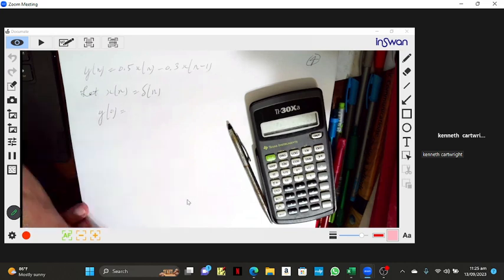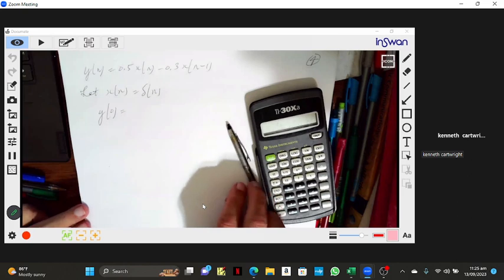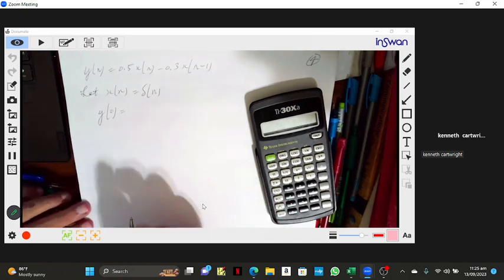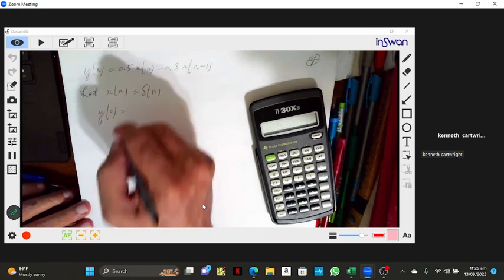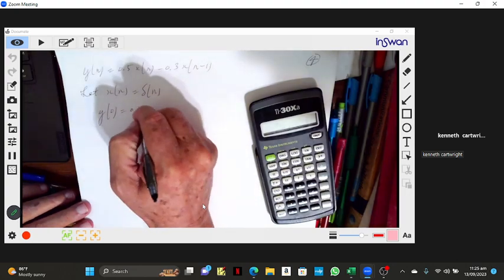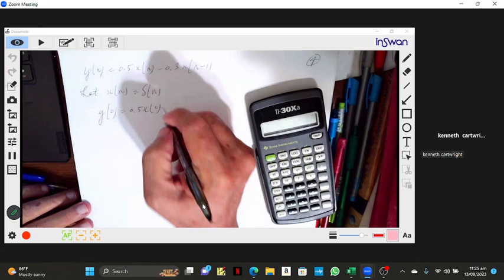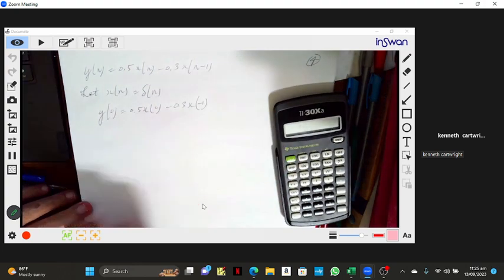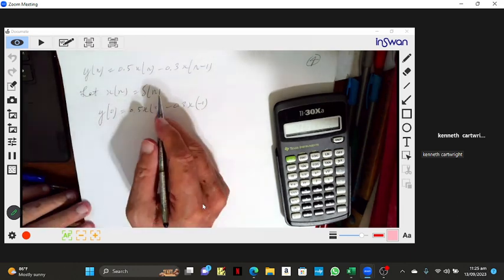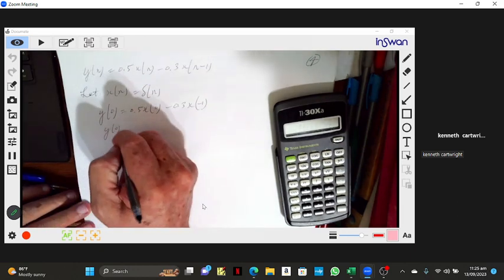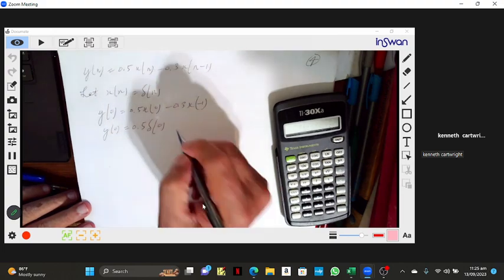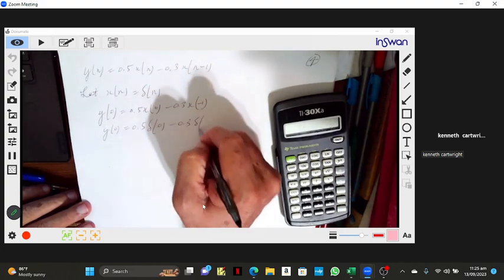All right, let's do it. y of 0 equals 0.5 x of 0 minus 0.3 x of negative 1. But x equals delta of n. So y of 0 equals 0.5 delta of 0 minus 0.3 delta of negative 1.